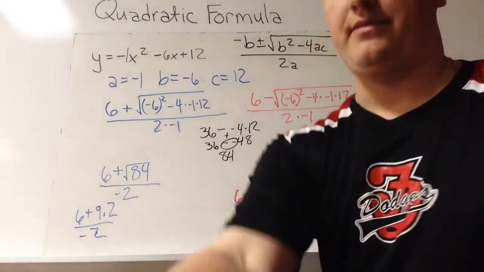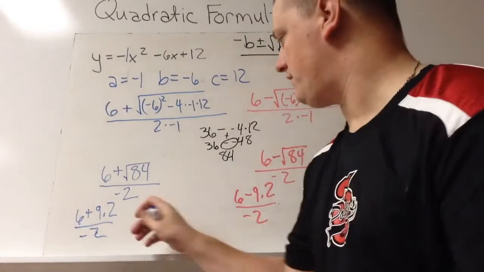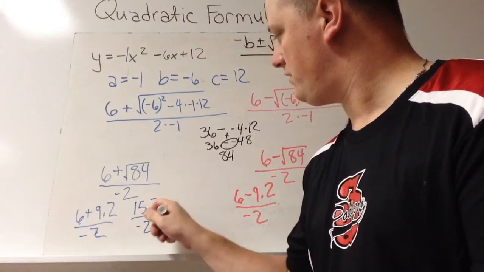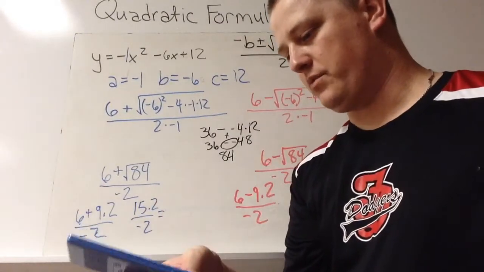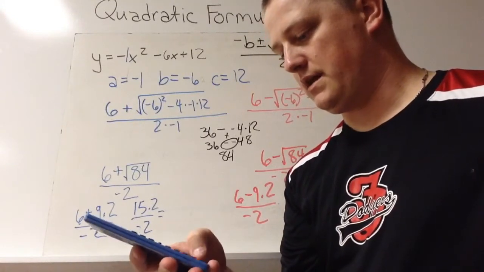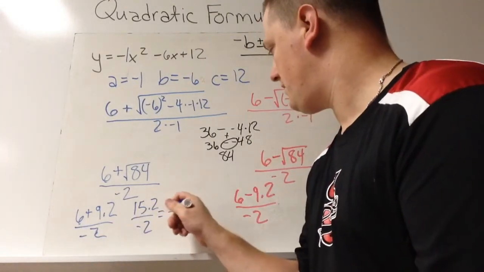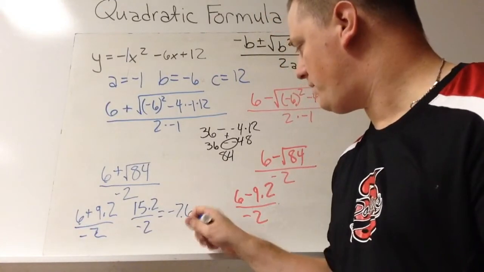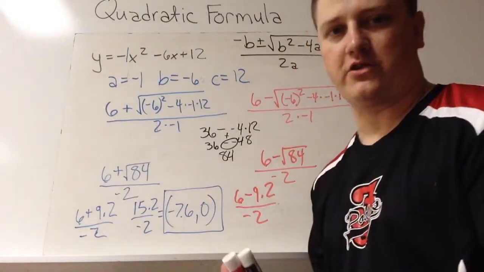And now we just do the math. So that's going to be 15.2 divided by negative 2. 15.2 divided by negative 2 is negative 7.6. So our root is negative 7.60. There's our first root.